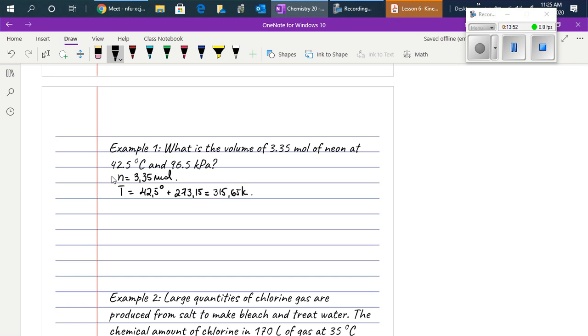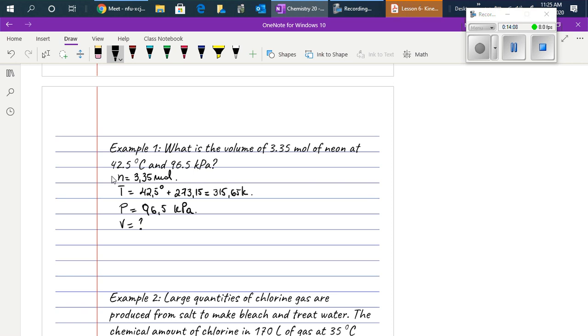And then we have a pressure of 96.5 kilopascal. So now we are looking for volume.